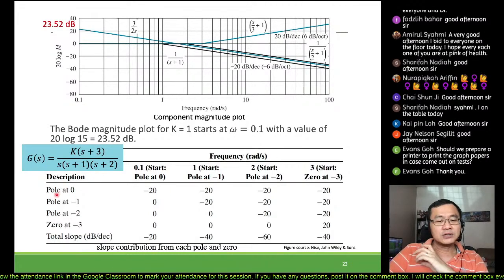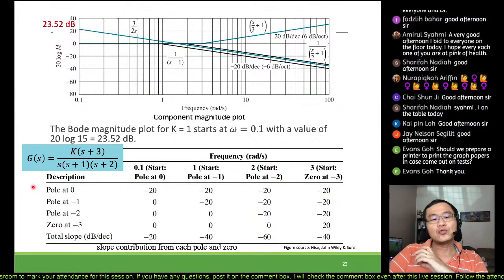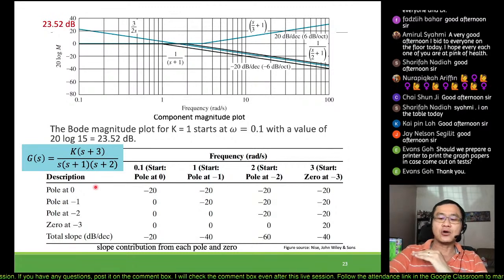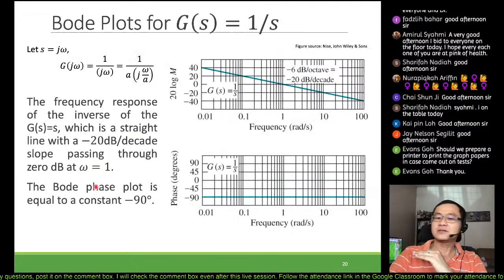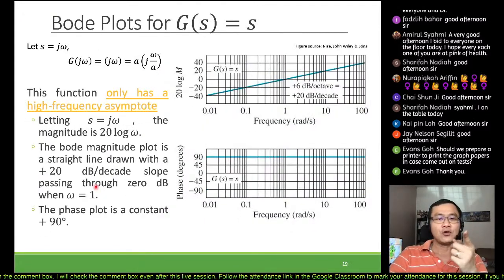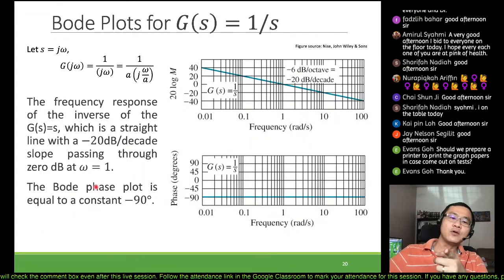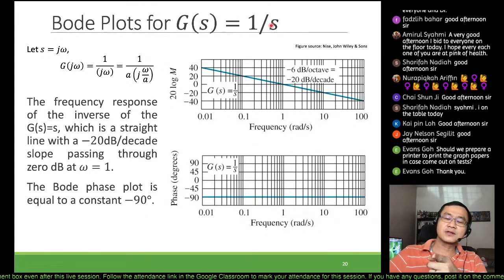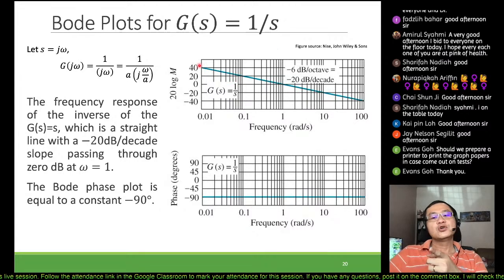Now what we do is, for the pole at 0, as you still recall, if you don't, just go back, your magnitude will always have a gradient of minus 20 dB per decade.